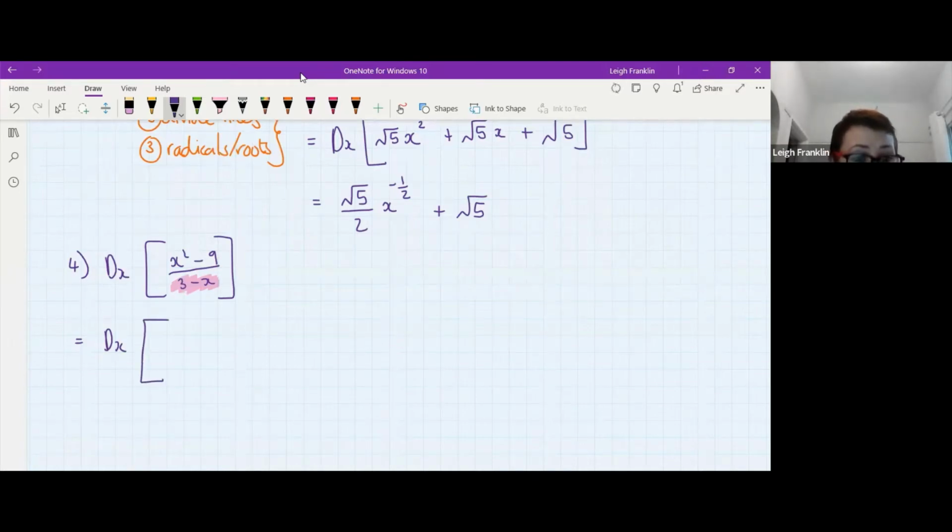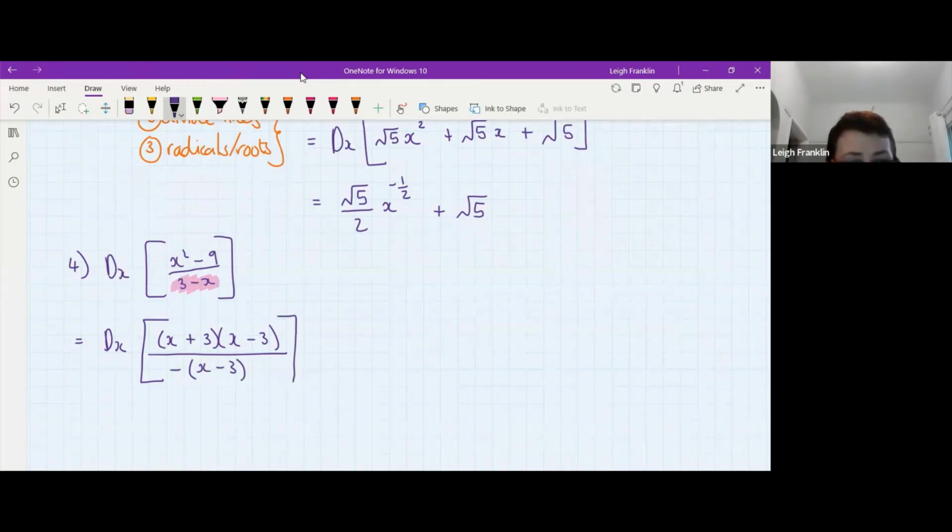Our numerator, x squared minus 9, is a difference of squares, so this will factorize into x plus 3 times x minus 3. And at the bottom, I'm going to take out a factor of -1, and I'm going to write it as x minus 3, like so.